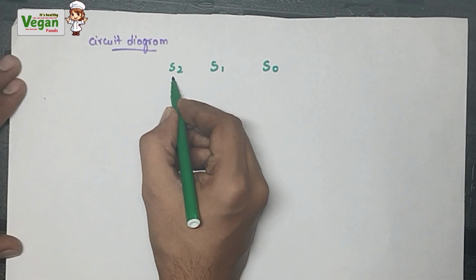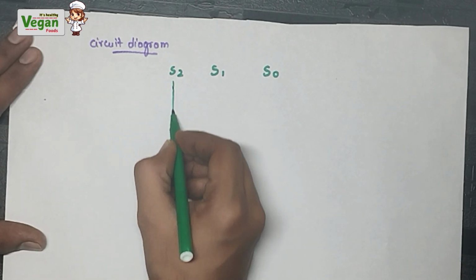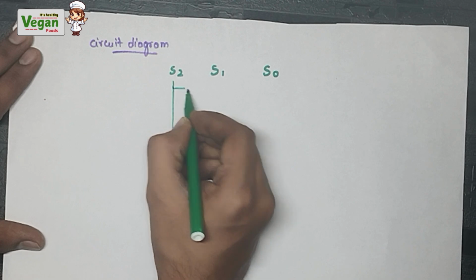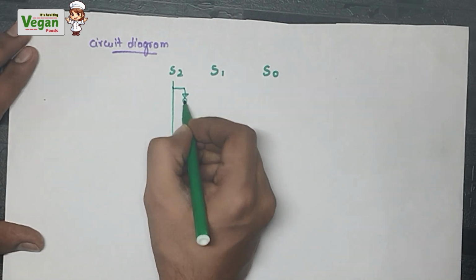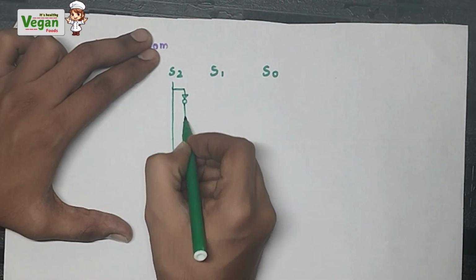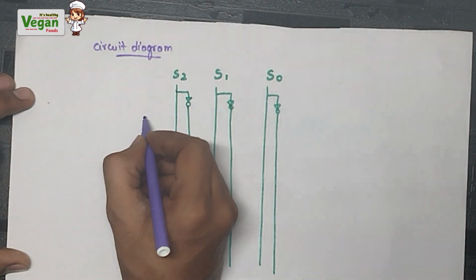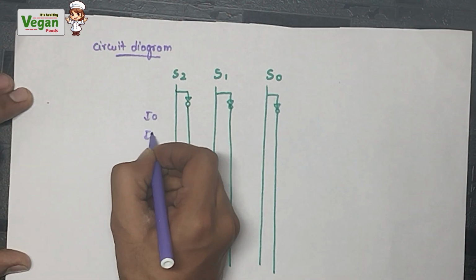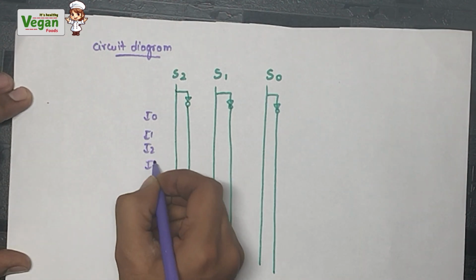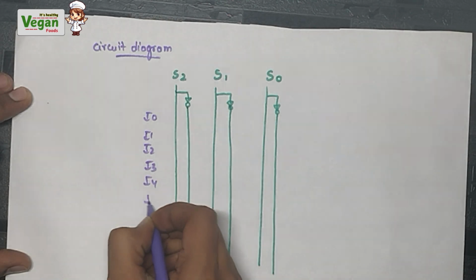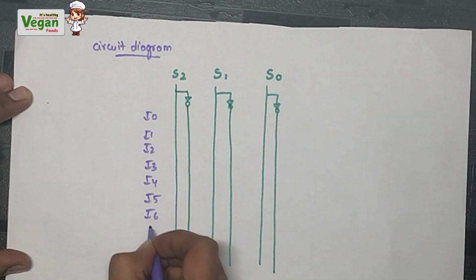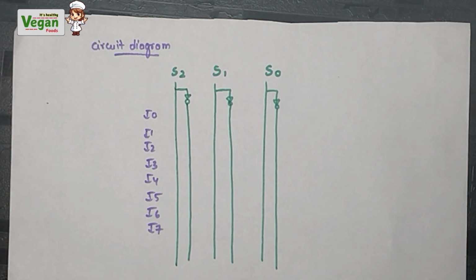These will act as the major inputs. So we have S2 and S2 bar; S2 bar means a NOT gate. Now, what are all my inputs? The inputs are I0, I1, I2, I3, I4, I5, I6, I7. So these 8 are my inputs.